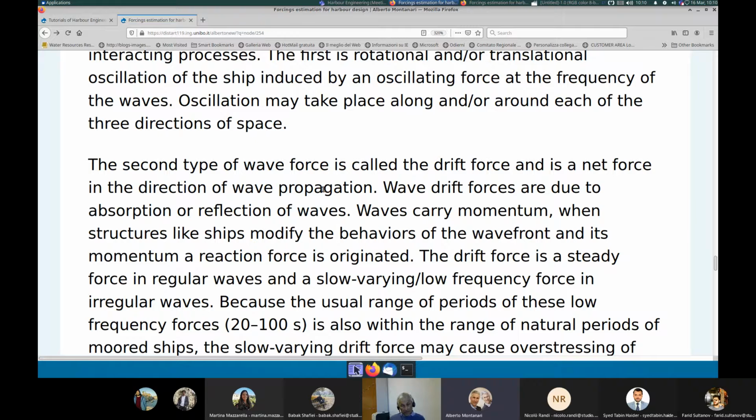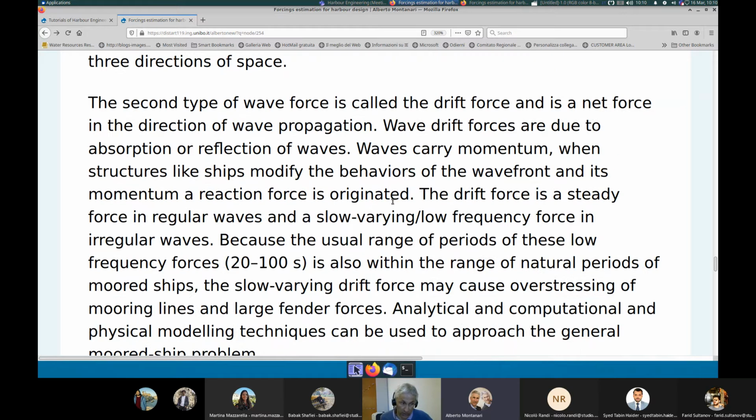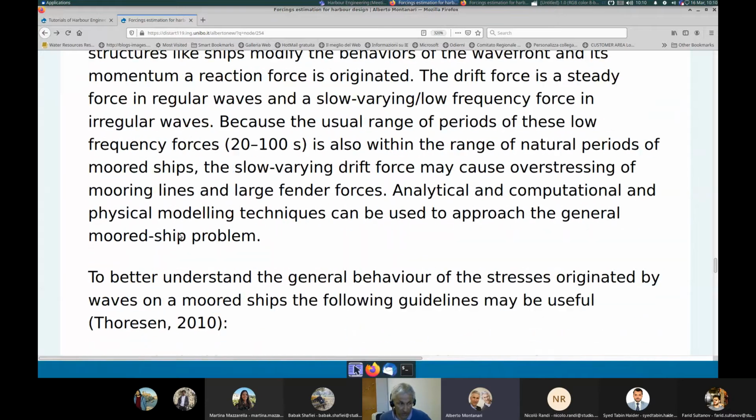And when structures like ships modify the behavior of the wavefront and then modify the momentum of the waves, then a reaction is originated. And the drift force is a steady force in regular waves and a slowly varying low frequency force in irregular waves.